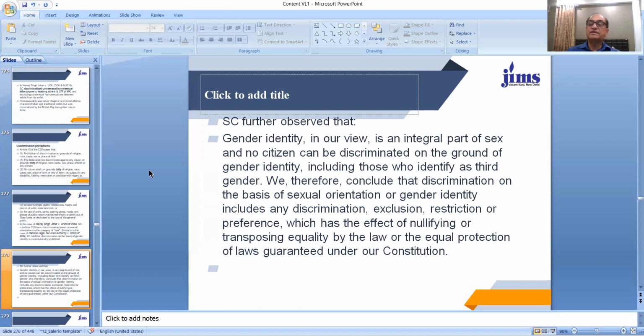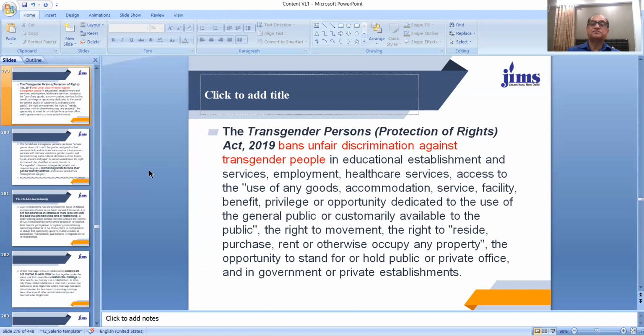So the Supreme Court concluded that discrimination on the basis of sexual orientation or gender identity includes any discrimination, any exclusion, any restriction, or any preference which has the effect of nullifying or impairing equality by law or equal protection of the laws guaranteed under our Constitution. You cannot discriminate against the LGBTQ community on the basis of their gender identity or a different sexual orientation.